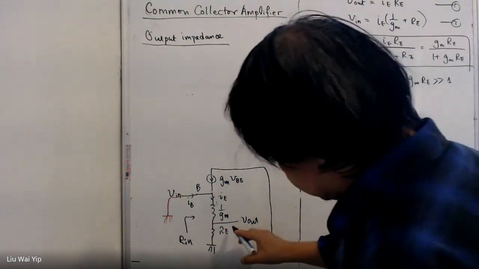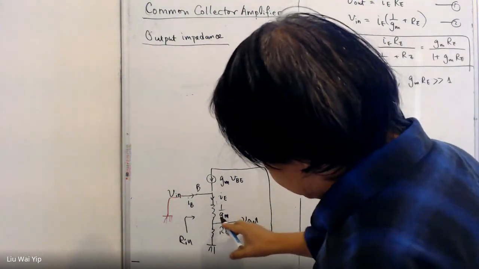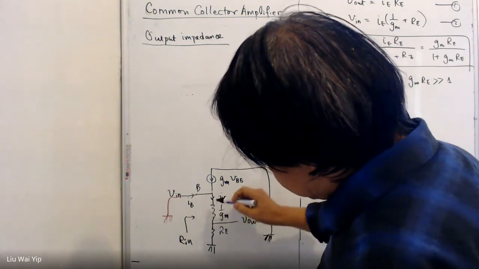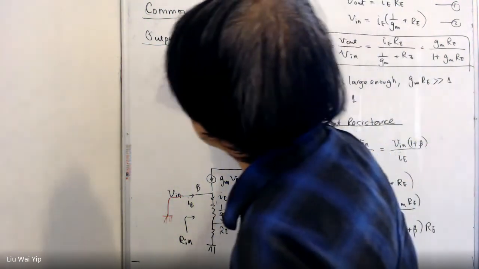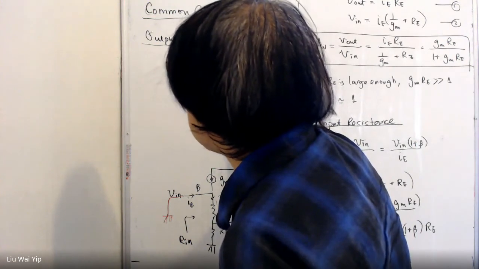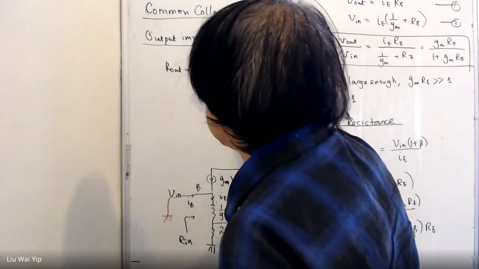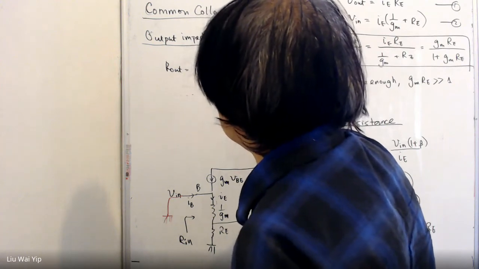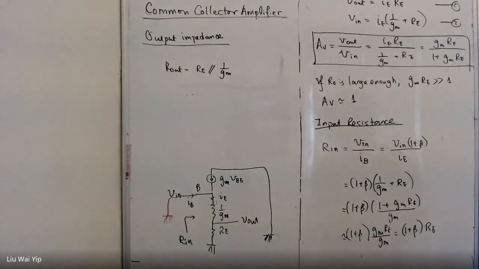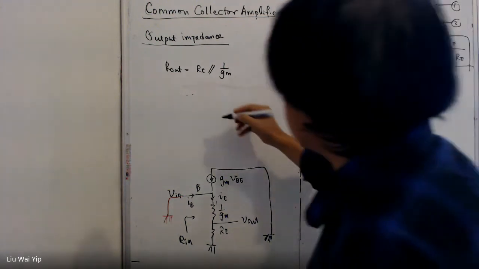So based on the information here, the resistance is going to be RE in parallel with 1 over GM. And you can further simplify the circuit.